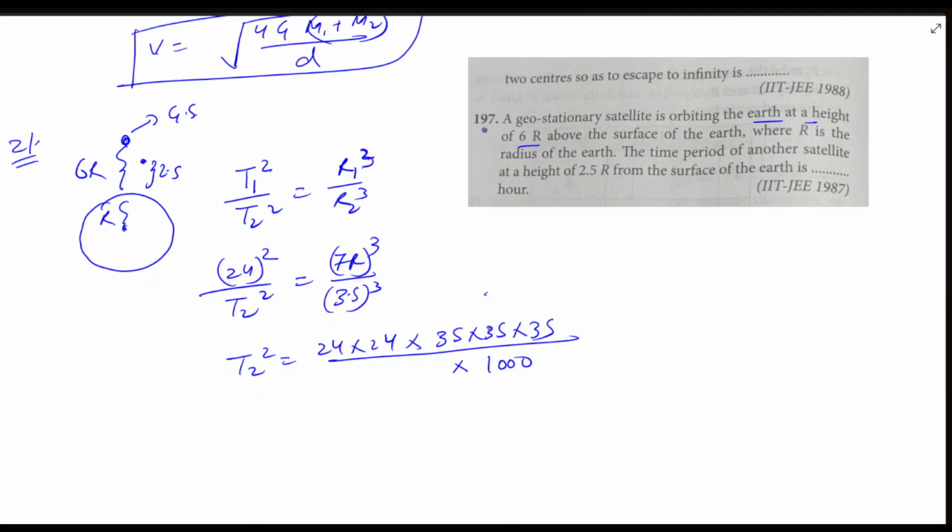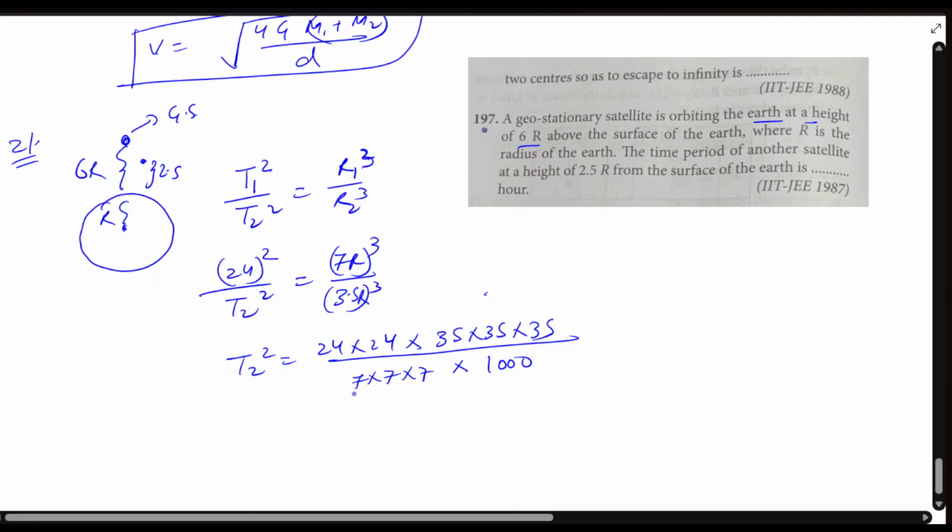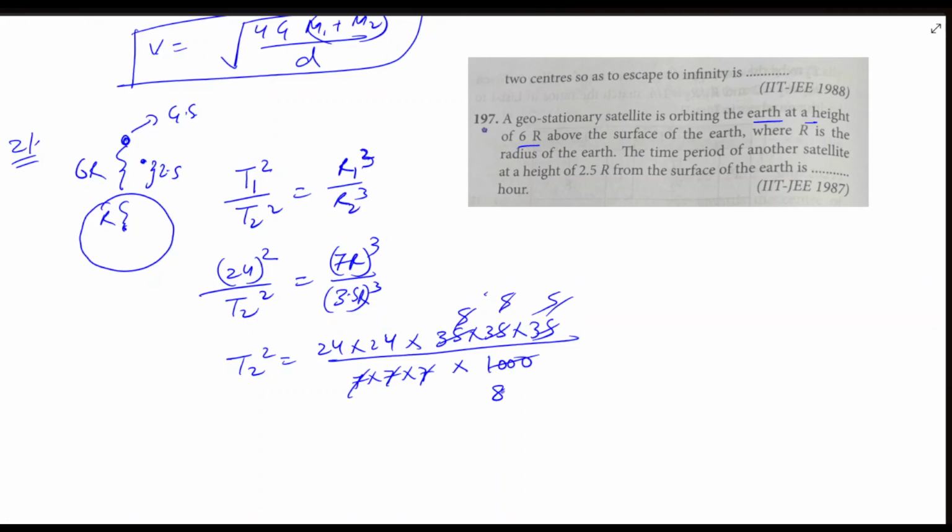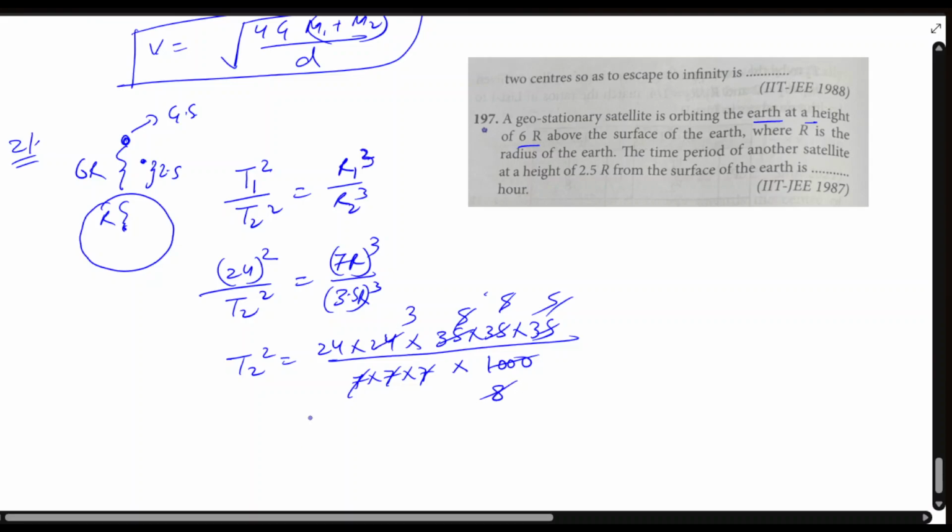And this will be 7R cubed, and R will get cancelled, right? So it will be 7 into 7 into 7, right? So this will be 5, 5 and 5. And this will be 2, 2 and 2. So this will be 8. And this is 3, right?